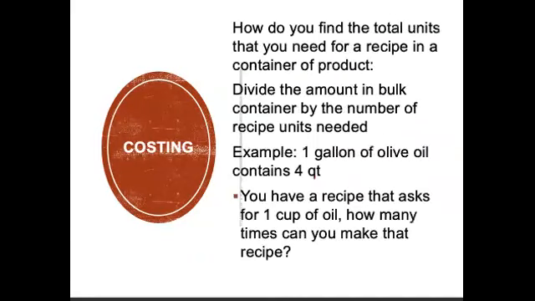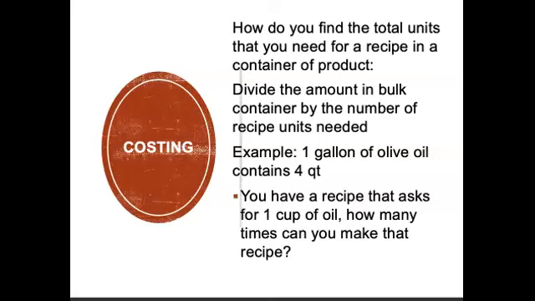It means that if you have ounces in volume and you want to cost ounces in weight, you're gonna have to convert those into equal units. Like, 3 ounces of milk are not gonna be the same as 3 ounces of flour, because flour is weight and milk is volume.